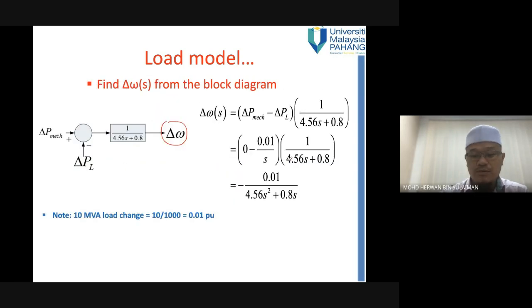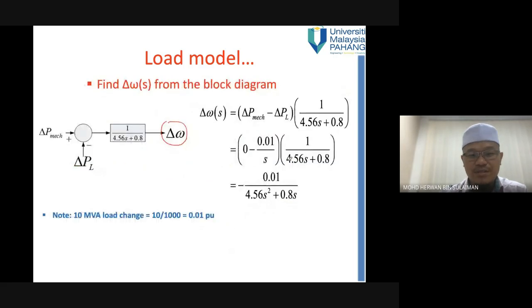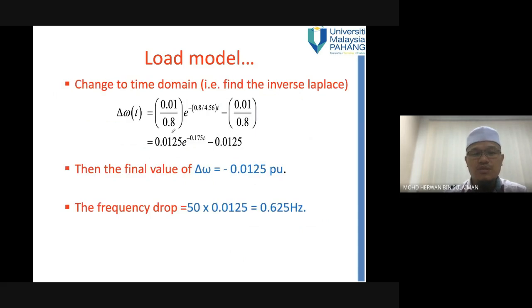So daripada sini you kena inverse guna, this one is in frequency domain, so you need to change into the time domain. Ingat tak dulu you belajar Laplace, you inverse Laplace? Tak ingat dah. Kena ingat balik lah, saya pun tak ingat.